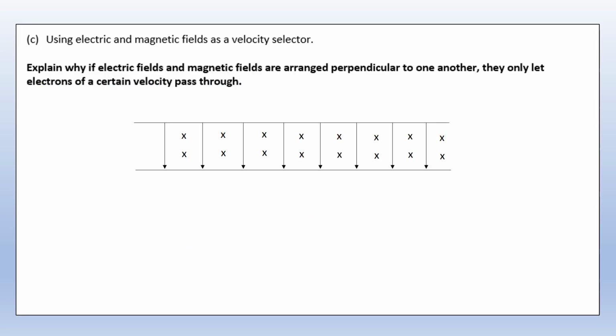Okay, so what we're going to do is explain how we can use both electric and magnetic fields to select charged particles of known velocity. So what I've got here is I've set up a uniform electric field with a positive plate on top and the less positive plate on the bottom, and I put a magnetic field going down into the page.